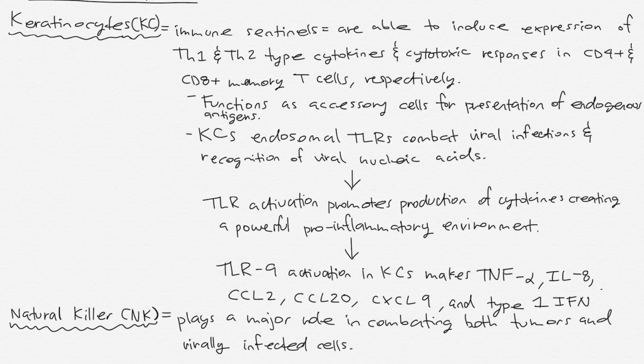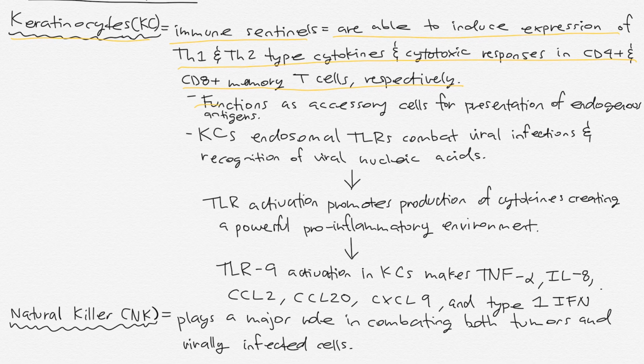There are various immune cells involved in the immune response to HPV infections. The first cell being keratinocytes. Keratinocytes are immune sentinels and are able to induce expression of Th1 and Th2 type cytokines, and also cytotoxic responses in the CD4 positive and CD8 positive memory T cells respectively. KCs function as an accessory cell for presentation of endogenous antigens.